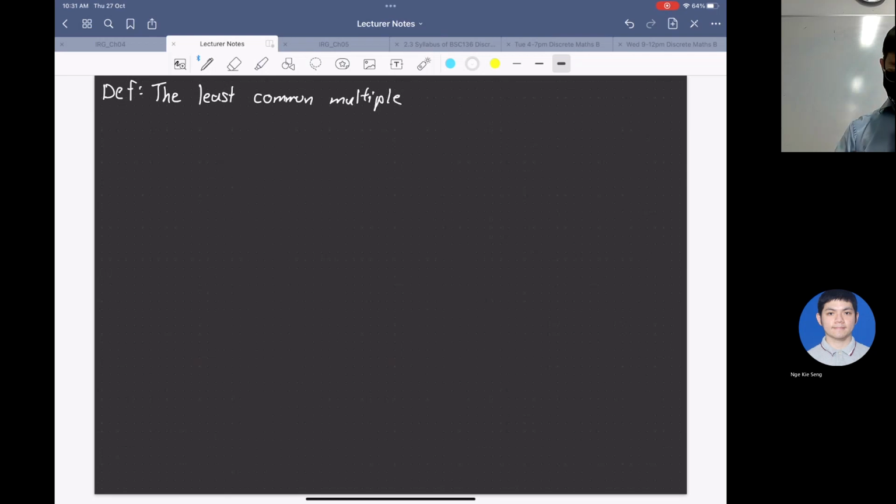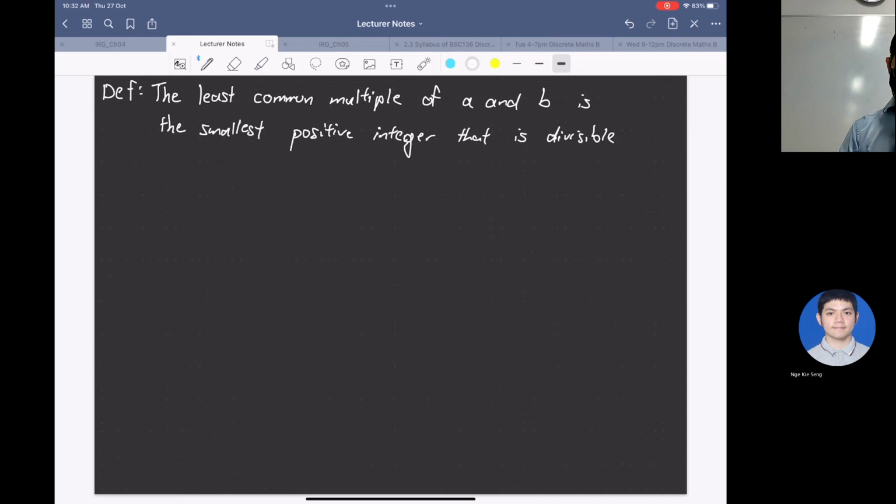The least common multiple of A and B is the smallest positive integer that is divisible by A and B.